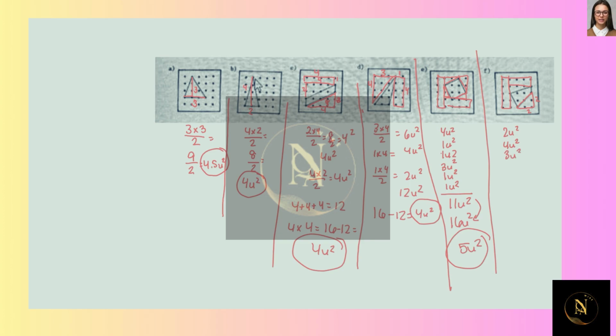Then I have a 3 by 1, which is 1.5 units squared triangle. Then I have a 2 by 1, which is 1 unit squared. So I'm going to add up all of these. So 4, 5, 6, 9, 10, 11.5. And then 16 minus 11.5 is 4 units squared is the area of that parallelogram.